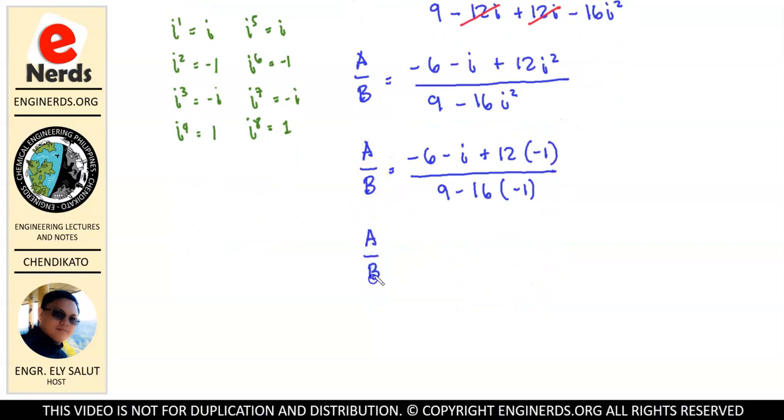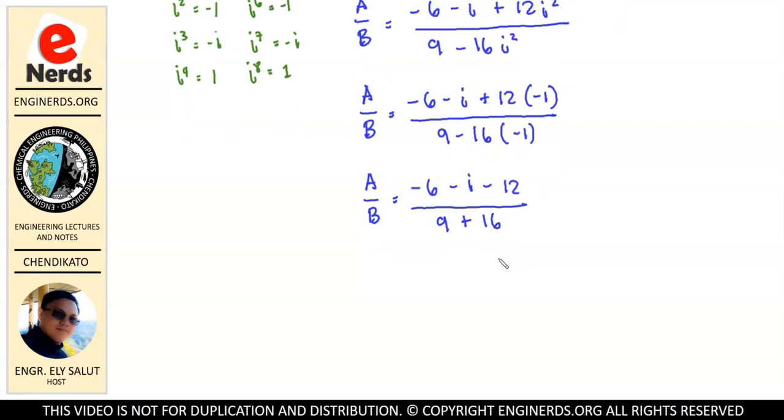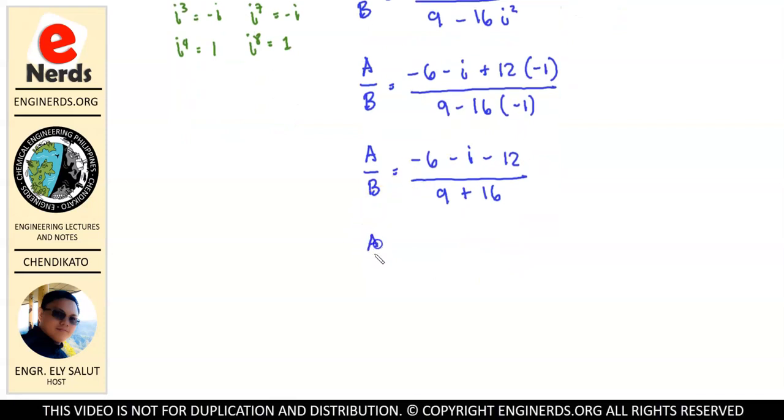A over B is equal to negative 6 minus i, 12 times negative 1 will be minus 12 over 9 plus 16. No? So, that means our A over B is equal to negative 6 minus 12 will be equal to negative 18. Okay, so we have negative 18 minus i over 9 plus 16, which is 25.